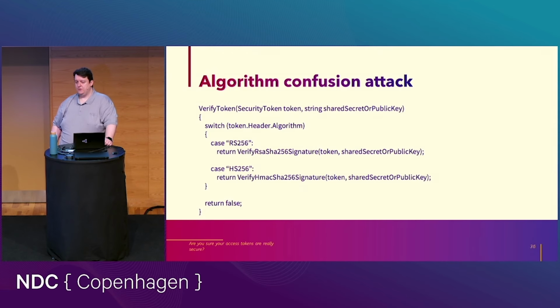And if I can somehow make your API work in such a way that I sign a token with HS256 using that public key for RS256 and make you think that you need to take that as a secret during validation. Are you confused yet? Because that's how it works.